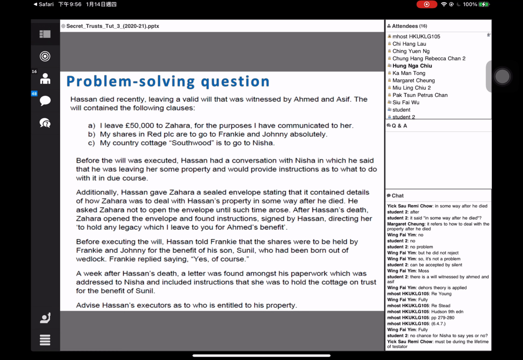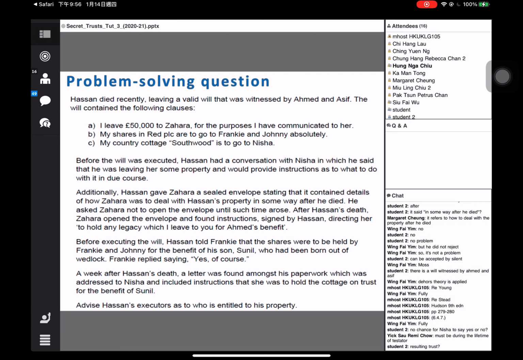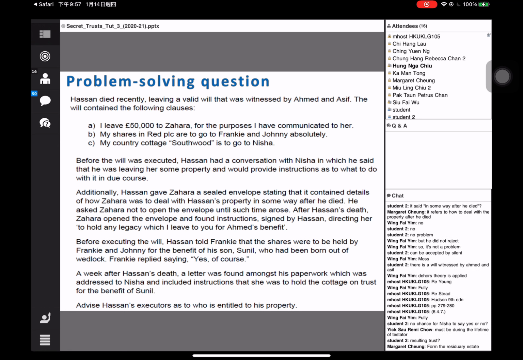So what happens to the property? Yes, resulting trust. She'll be holding it on resulting trust for the estate, and it will pass to the residuary estate. And who will benefit?